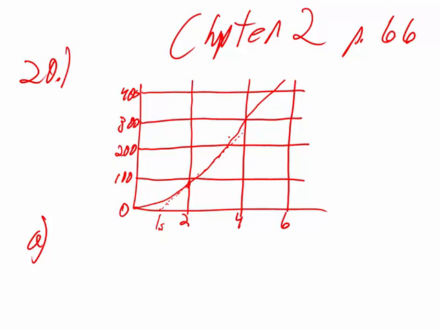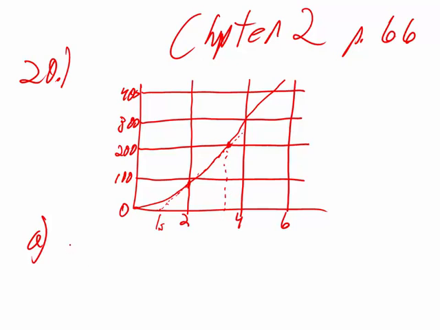Let me look at the graph. On the graph it's about 3.5. So that would be 200, so that's going to be about 3.5 seconds, isn't it?